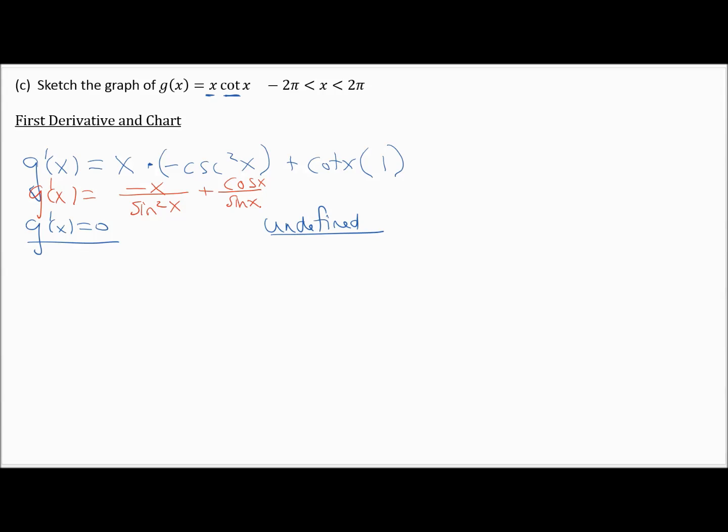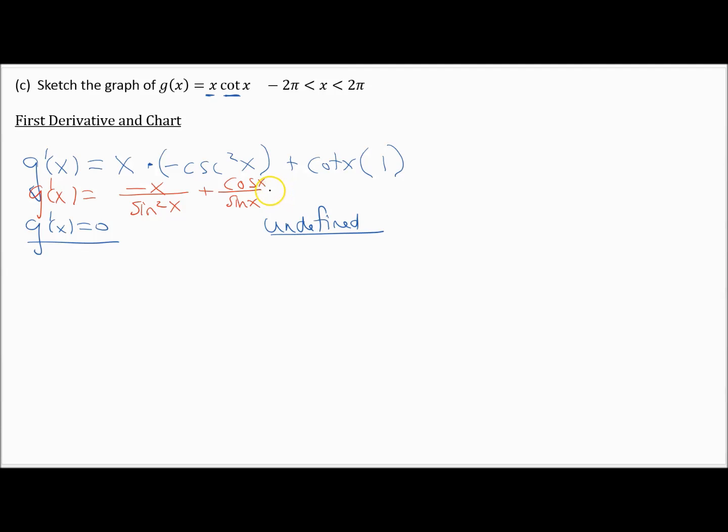Now, remember, you got to set this thing equal to 0, so you may even want to go through the extra work of combining that fraction together, because I've got to solve this equation. And the easiest way to solve a trig equation is if, in fraction form, it's a single fraction. So that's my advice, write this as a single fraction. Well, what do I need to do that?